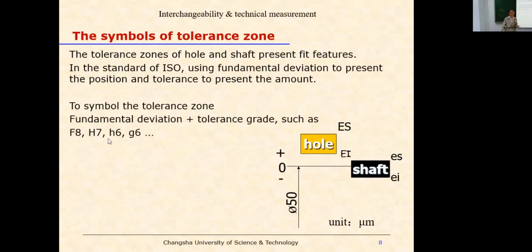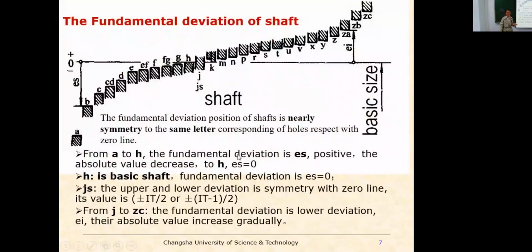So H7, its lower deviation is 0, right? It's the basic hole or basic shaft. So G6, you should know its tolerance is IT6 and G is up, right? G is where? G is here, right? Its upper deviation you should know from the table.